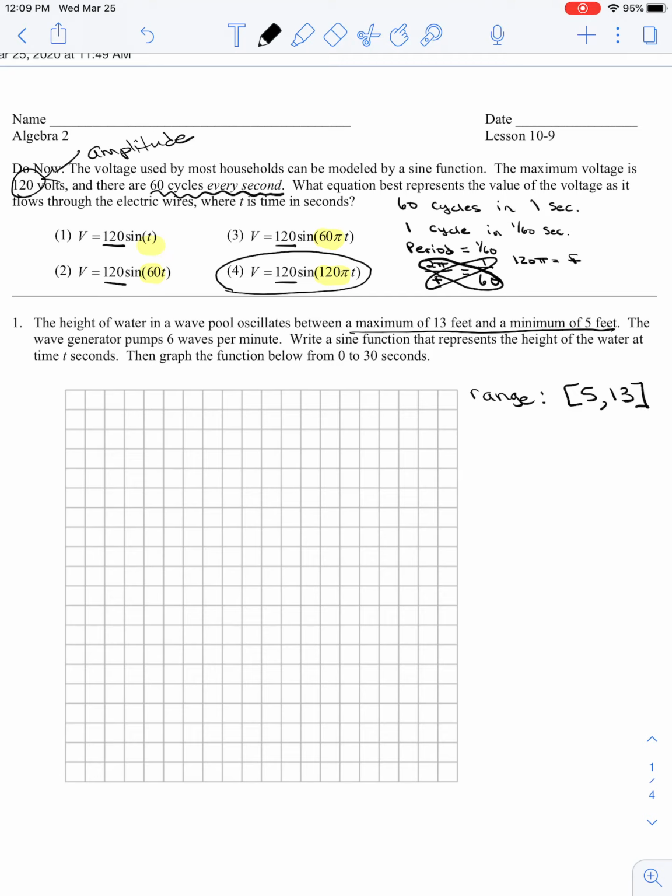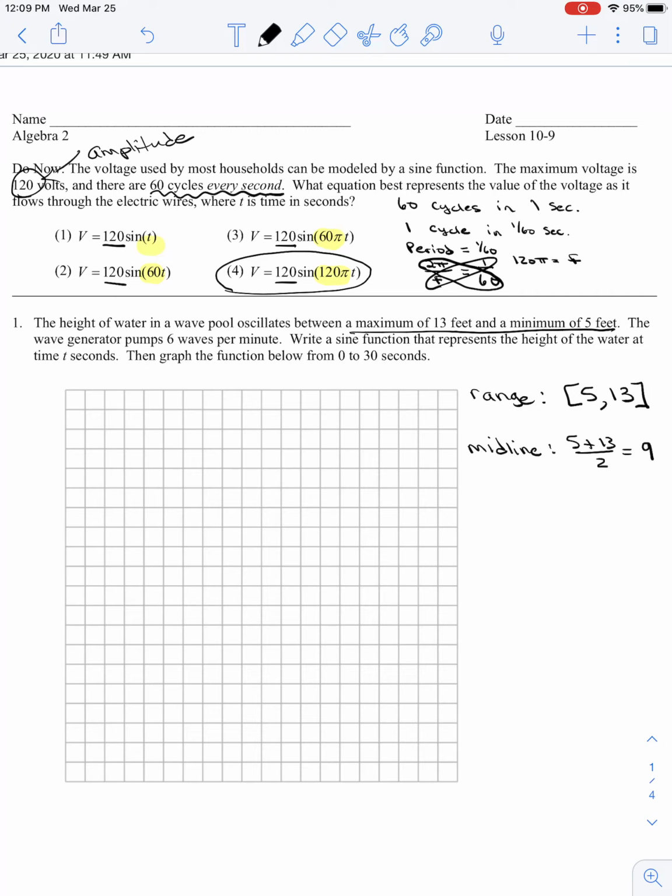If I know that the range is 5 to 13, I can find the midline. Remember the midline formula is the minimum value plus the maximum value divided by 2. If I figure that out, I would get 9. So that's telling me that my midline is y equals 9. In other words, my function had a vertical shift up 9.